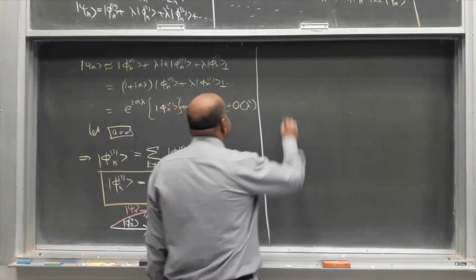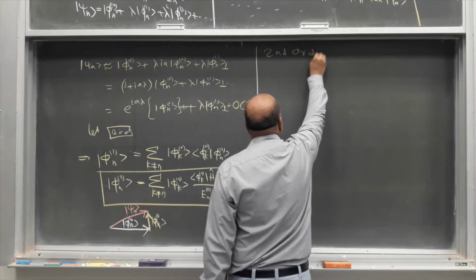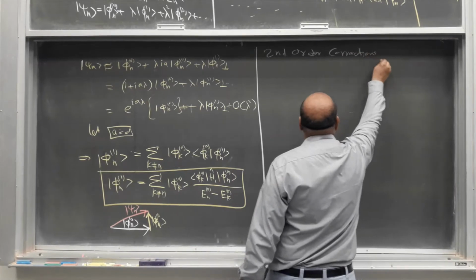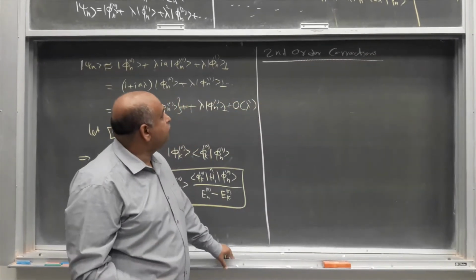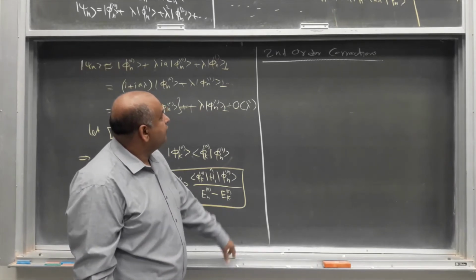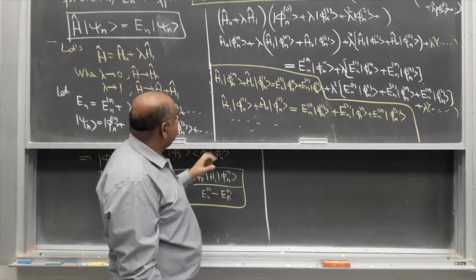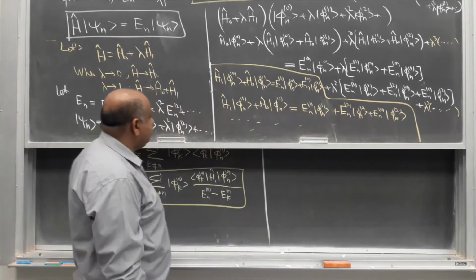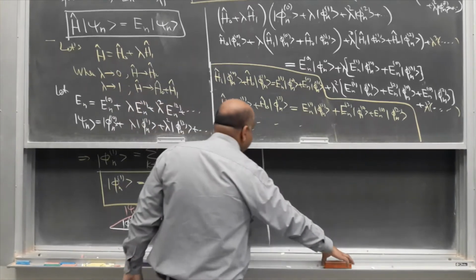Let's now see the second order correction. Since we are mostly interested in corrections to energy, I'm only going to work out the corrections to energy. For that, we are going to take this equation that we have here and simply operate it with phi n0 from the left side.